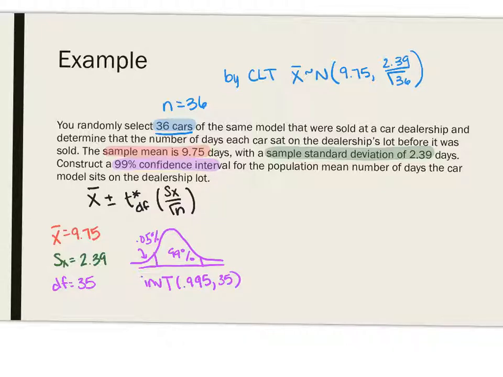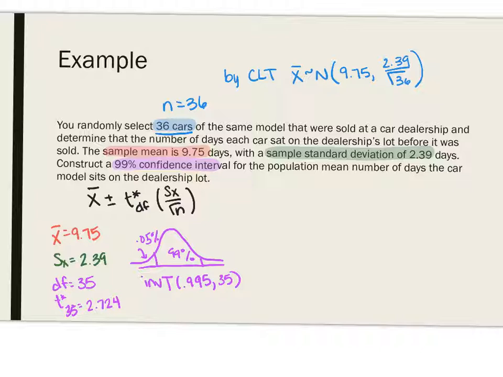When I calculate that value, I get a t star with 35 degrees of freedom equal to 2.724.